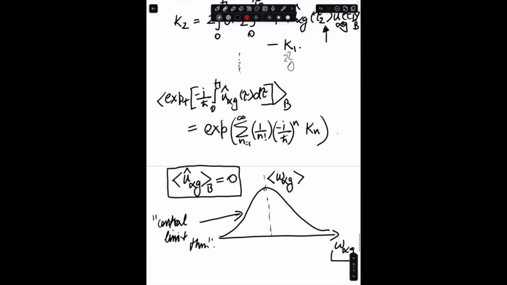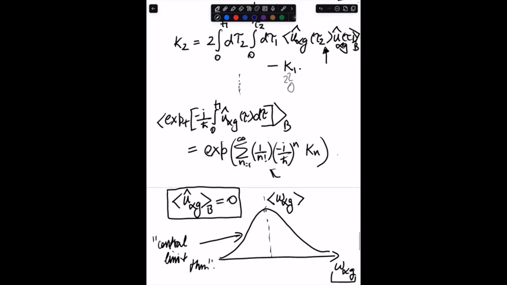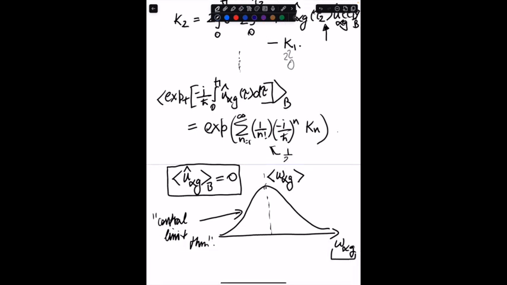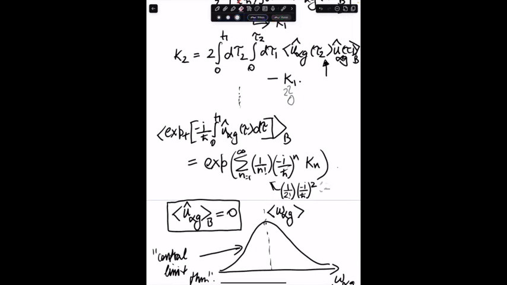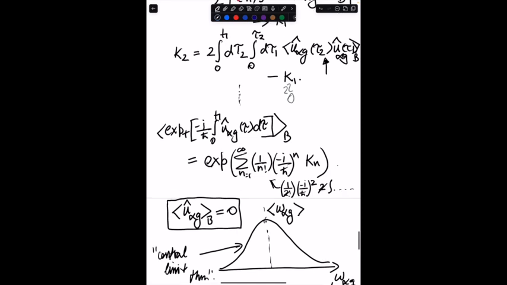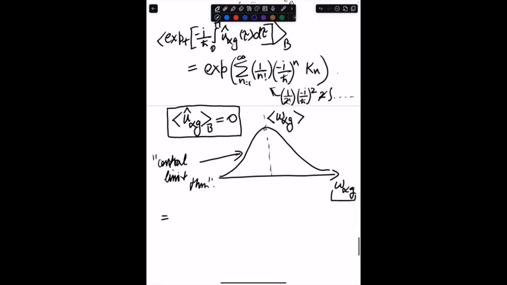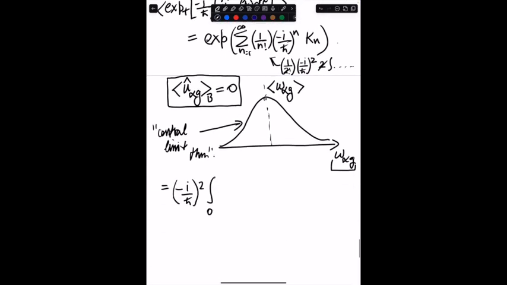So here we will only have the n equal to 2 contribution, and you can write it as 1 upon 2 factorial, minus i upon h bar squared, times K2, which is 2 times this term above. So this 2 and 2 will cancel each other out, and you get minus 1 upon h bar squared, integral from 0 to t1 dτ, integral 0 to τ dτ prime.